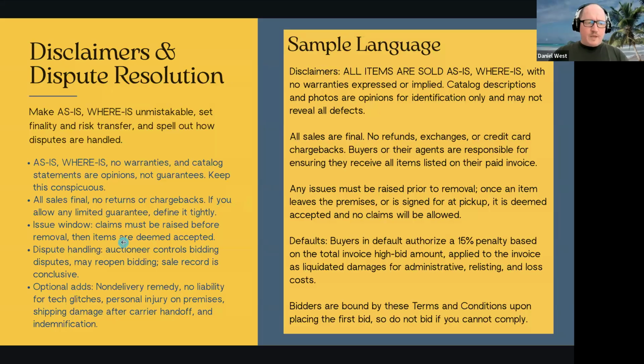So you can see at the bottom, there are these optional adds. I think that the majority of these belong on the user agreement for the site, but depending on your own situation, you might want to think about them. So a non-delivery remedy means what happens if something's stolen before the buyer gets there? They paid, they show up, and an item is stolen, it's gone.